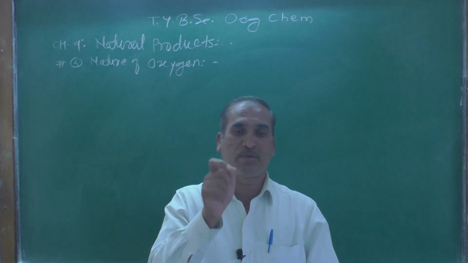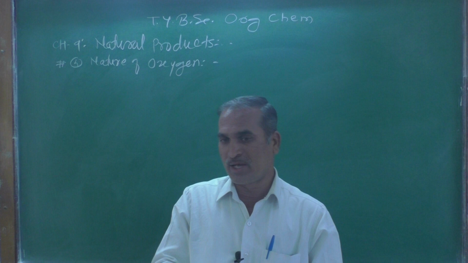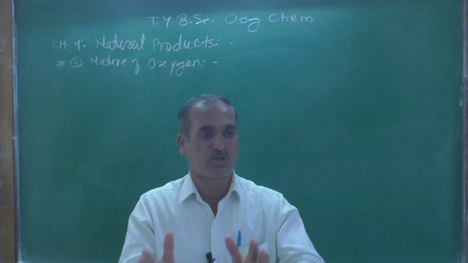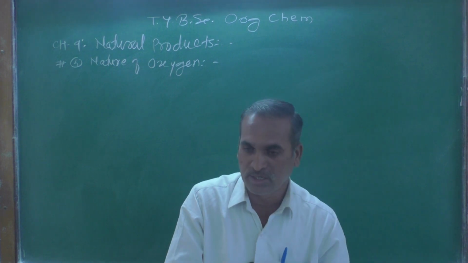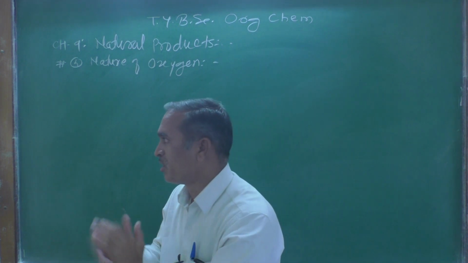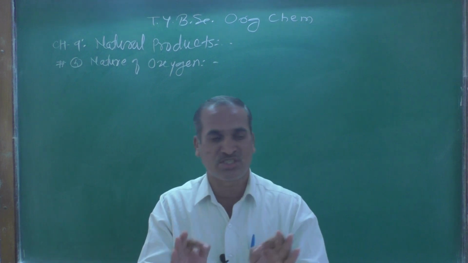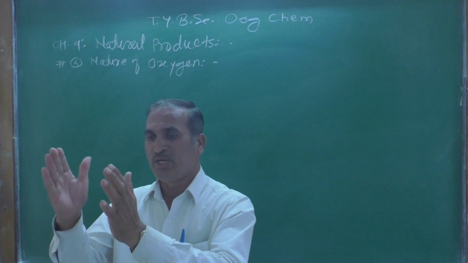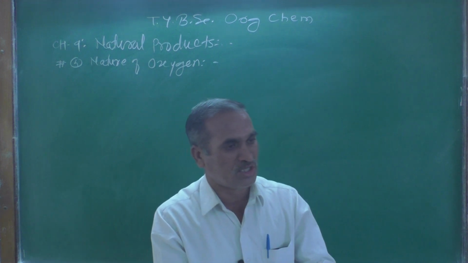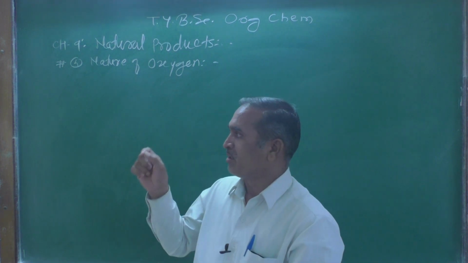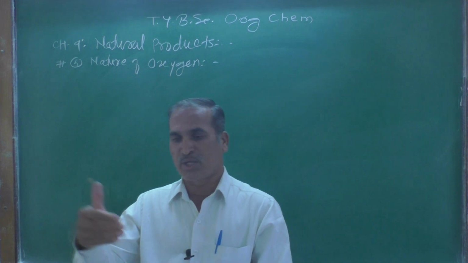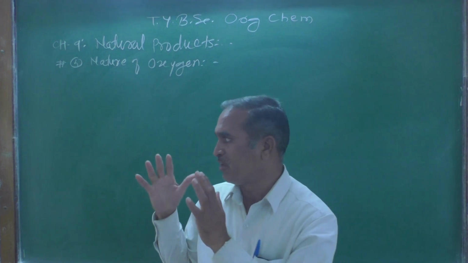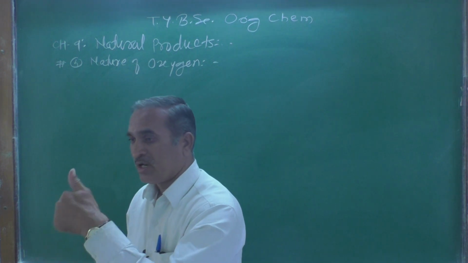How will you prove the presence of 2 double bonds? Consider citral, with molecular formula C10H16O. We treat this citral with bromination, Br2 in presence of CCl4, which gives a tetrabromo derivative.